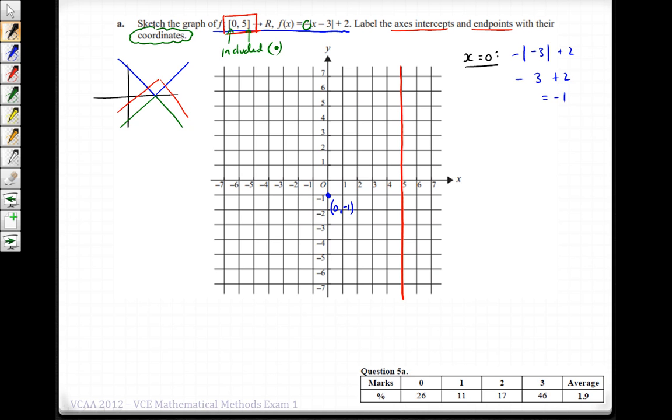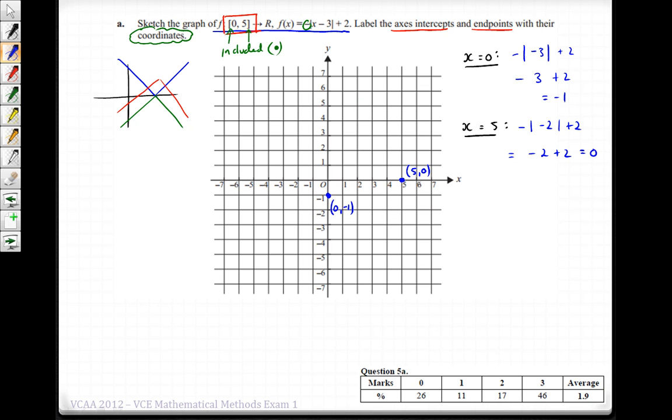Then let's test out the x equals 5 case. So this is going to leave us with the negative of 5 minus 3 is minus 2 plus 2. So that's going to be negative 2 plus 2 equals 0.